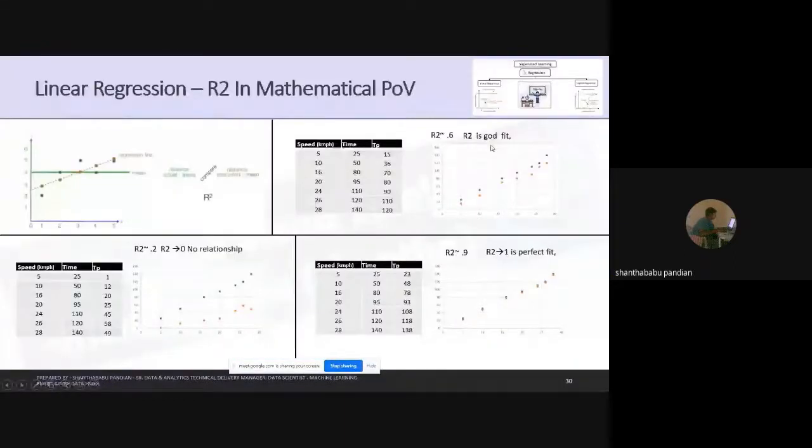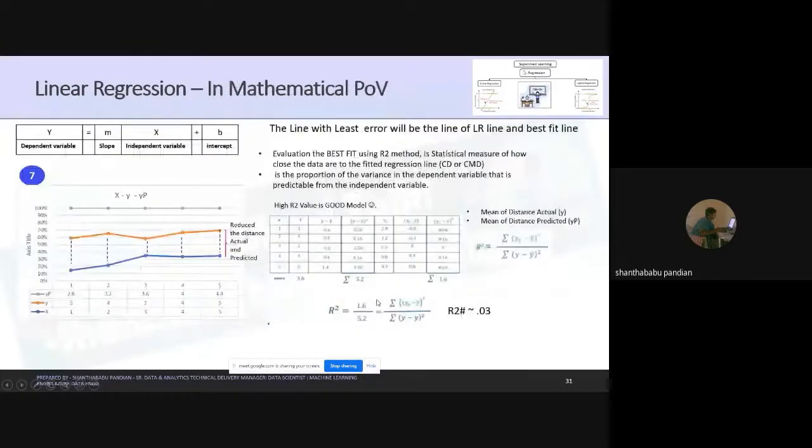There are some conditions: if it is 0.5 or if it is 1, it is a perfect fit. But in the other example, we got a root mean square error of 4. That's really the worst, because the given data is not enough to do the analysis. That is the conclusion. Any questions here?